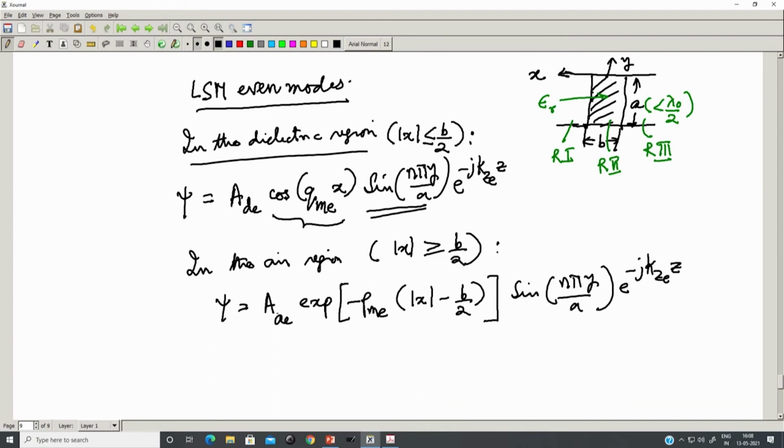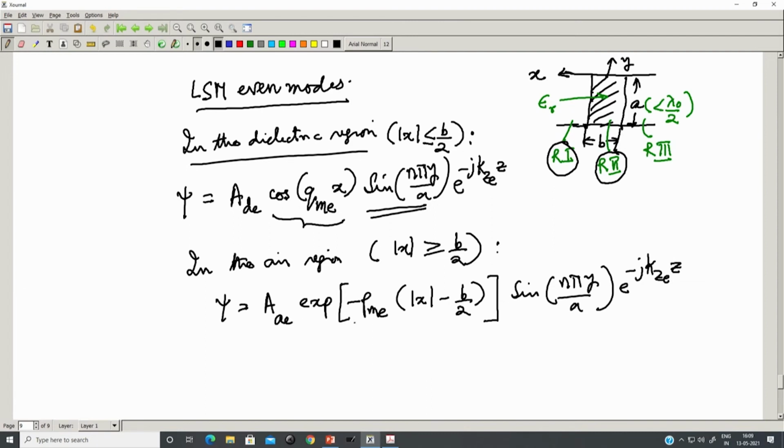So, here A refers to the air region, which is mod x greater than b by 2, which is region 1, you can appreciate, because mod x is greater than b by 2. This psi in the dielectric region refers to region 2. So, we are now in region 1. A refers to the air region, E refers to the even mode, because we had started with the even mode here.